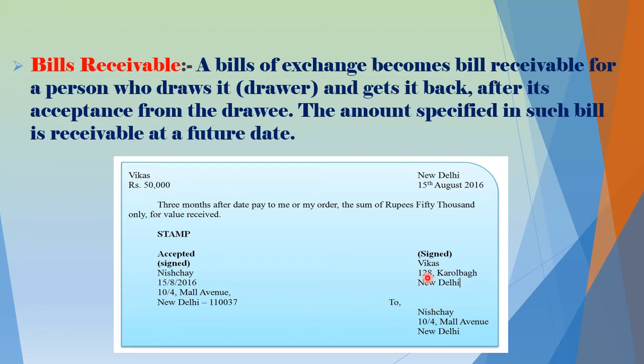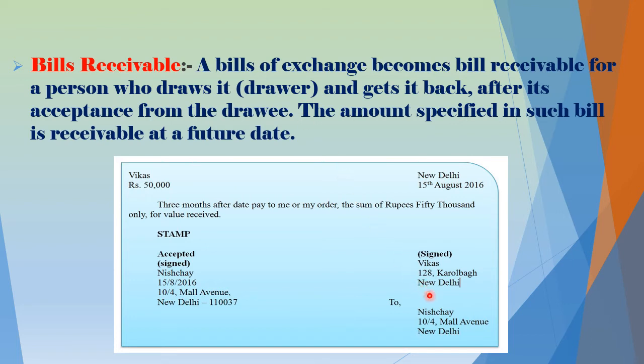So here Vikas is having the bills receivable. Like here we say that a bill of exchange becomes a bills receivable for the person who draws it and gets it back. So Vikas is the seller who sells goods for 50,000 to Nishchay on credit, and Nishchay after 3 months will pay him money. So Vikas writes a bill, makes a bill, and this bill becomes bills receivable for the person who draws it.